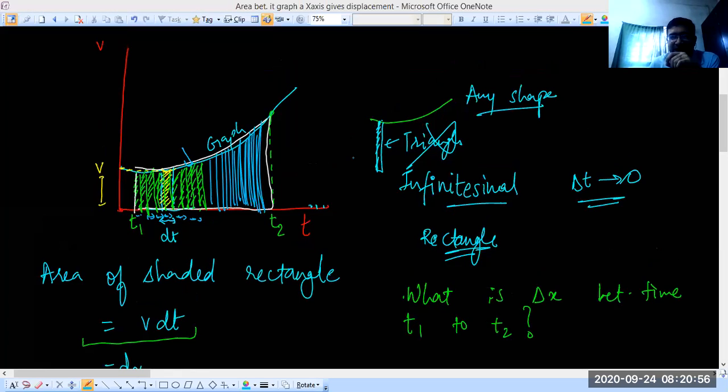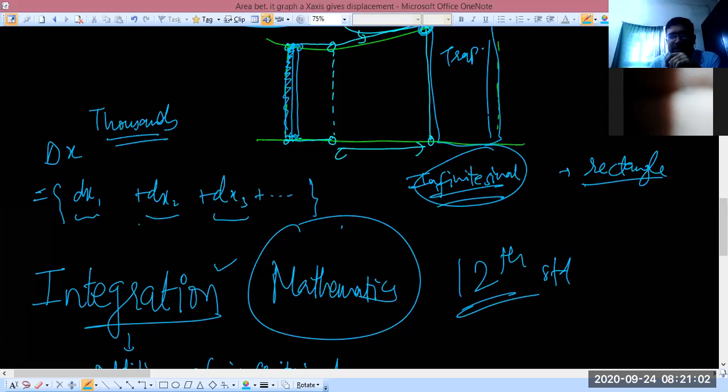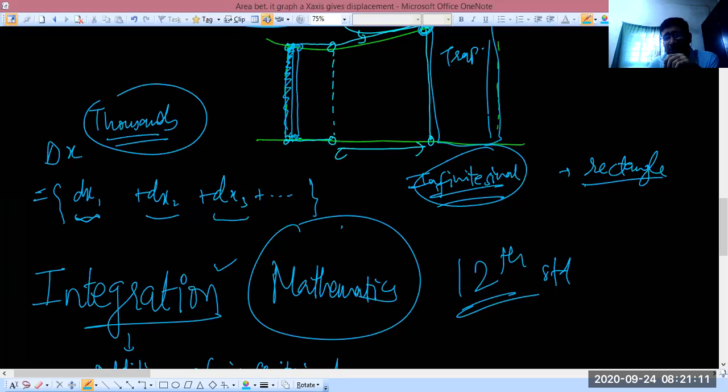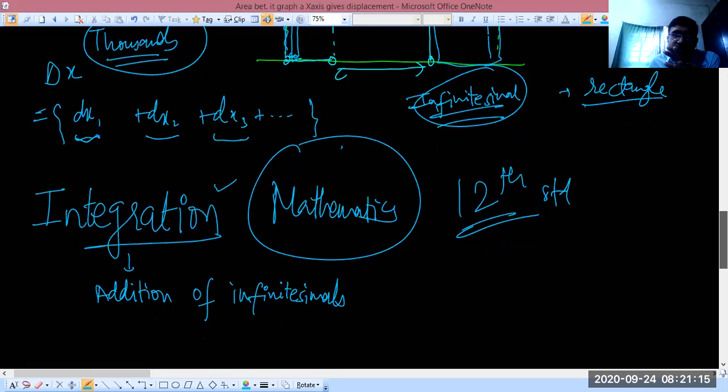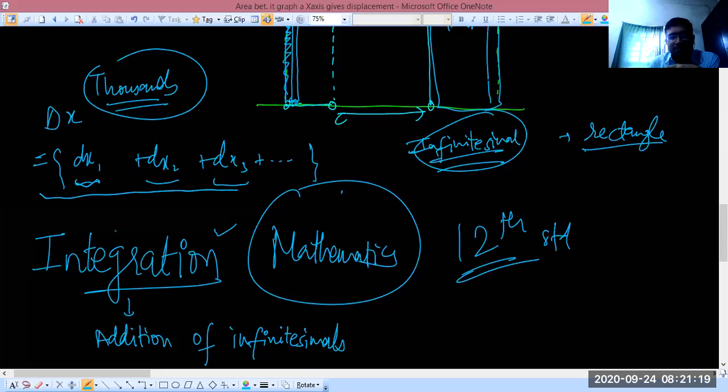But if you want to add all those areas, like let's say the first one has dx1, the second one has dx2, the third one has dx3, and so on, then adding thousands is impossible. It's going to take so much time. So as far as adding this is concerned, we use a mathematical technique called integration.